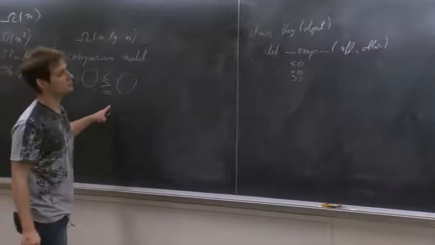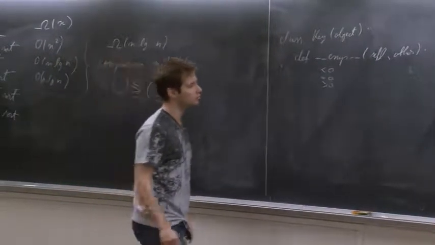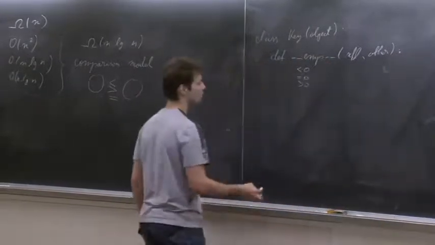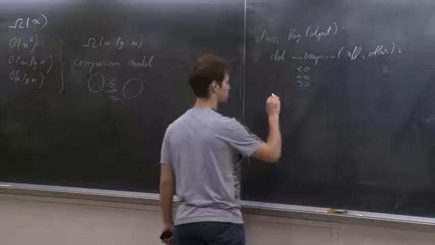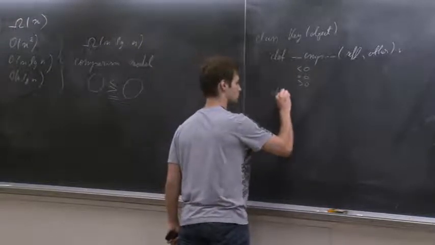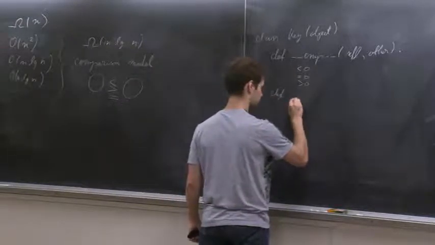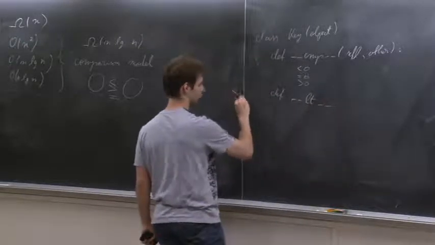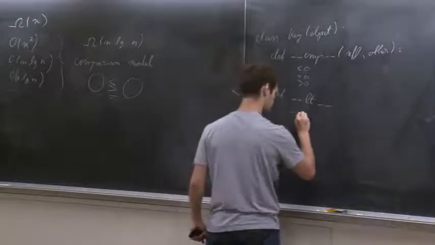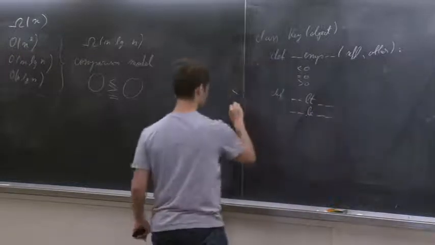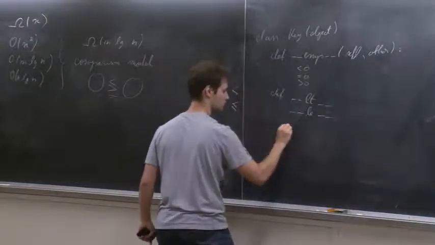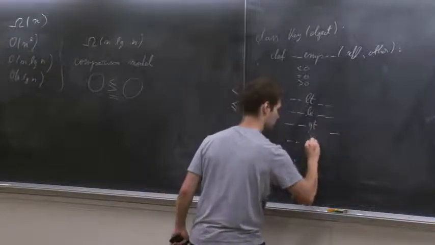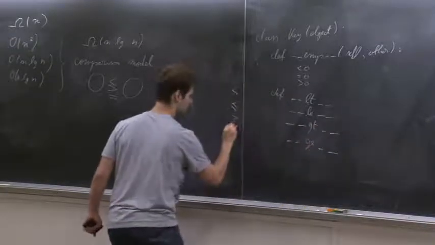So you'll see this in old code, but you shouldn't use it in new code unless you have a very good reason to. Instead, the new model says that you define special methods called LT, which stands for less than, so it's this guy, LE, which is less or equal, GT, which is greater than, and GE, which is greater or equal.